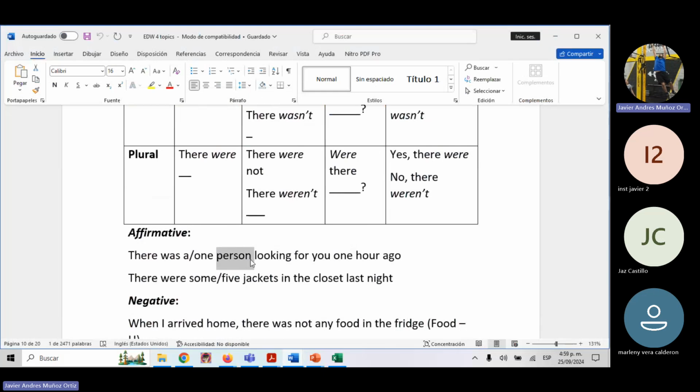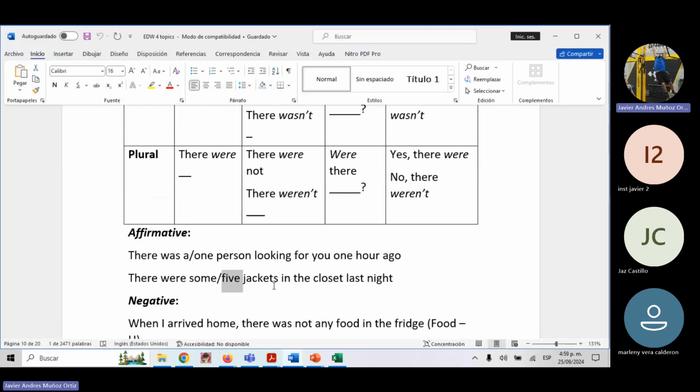Okay? What about plurals? There were, because this is plural, we need to mention everything else in plural. Jackets, plural, and a number, 5. There were 5 jackets. Or a number. If we don't want to mention the specific number because the number is not important for us, we only want to mention something plural, and that's it.